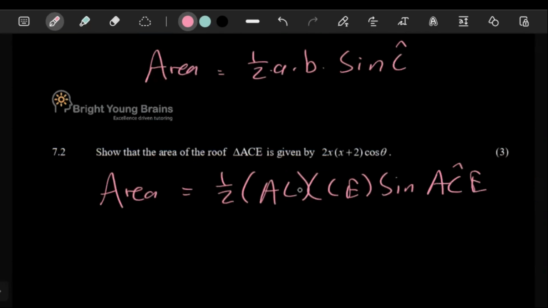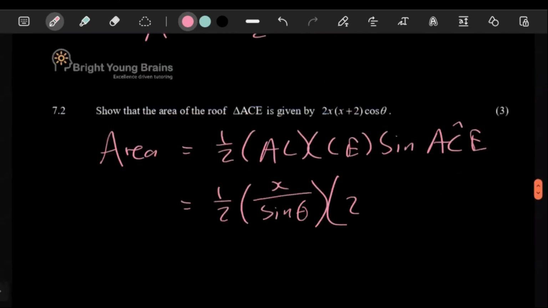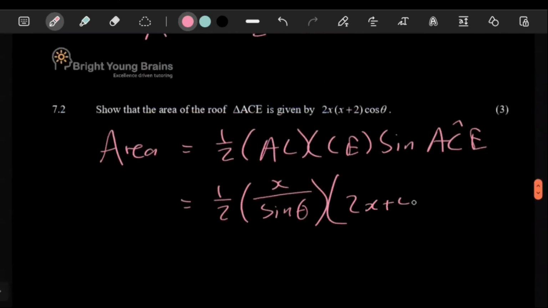And if you put what we know now, this one was x over sine theta. And then we have 2x plus 4. And then we have sine 2 theta. Now with what we have just put down here, let's just simplify.